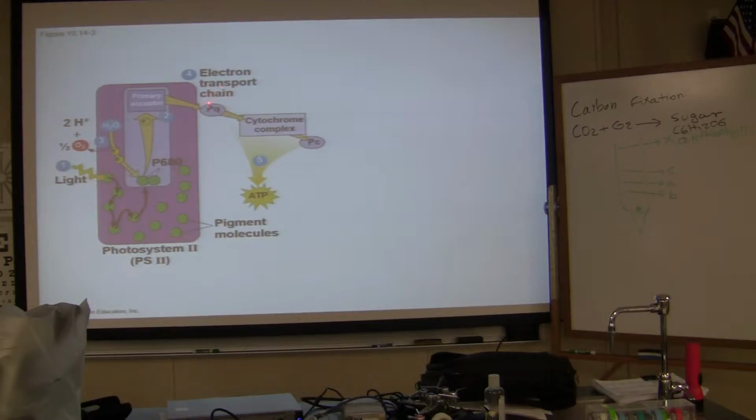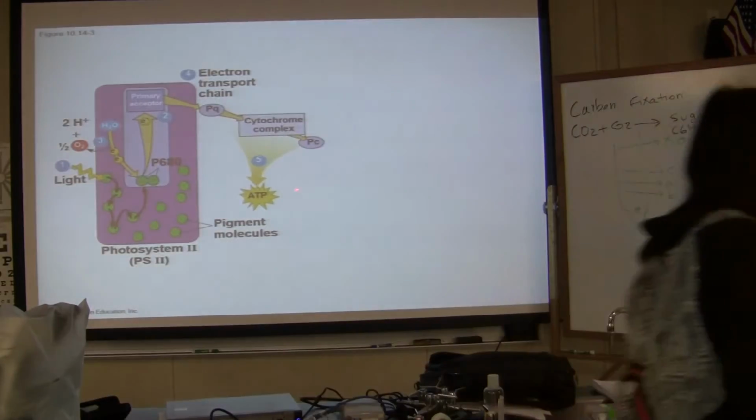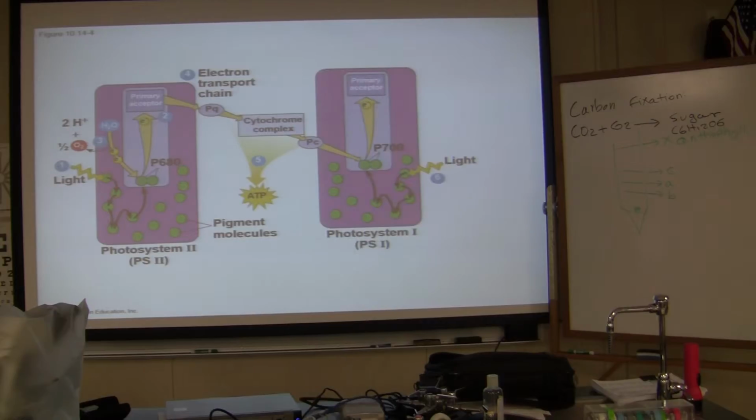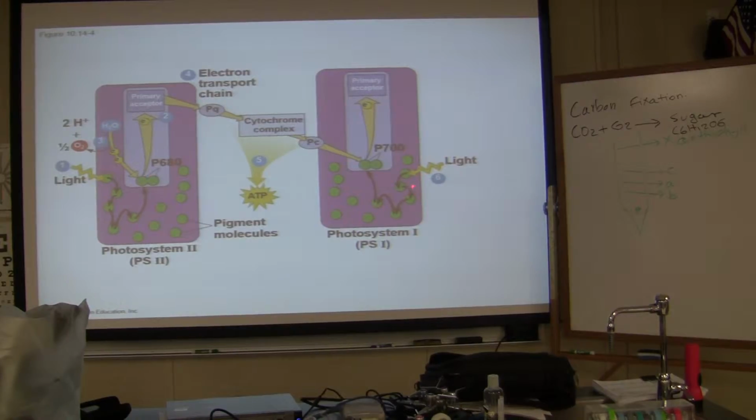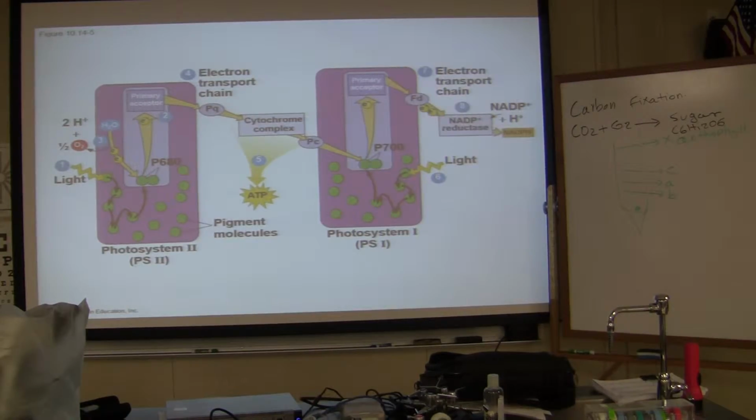Then it goes through the electron transport chain of PQ and the cytochrome complex and PC, making ATP, and then it goes to photosystem 1, P700, and light will stimulate again. At the end, NADPH is synthesized.